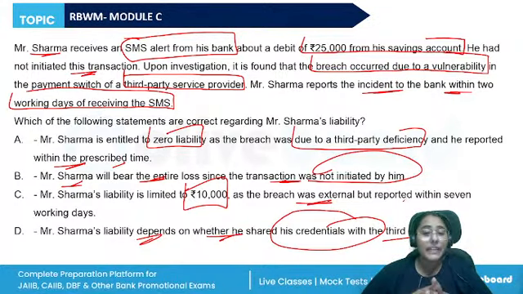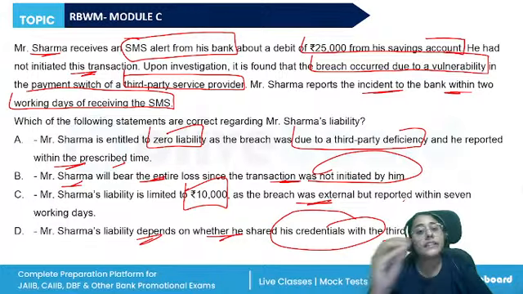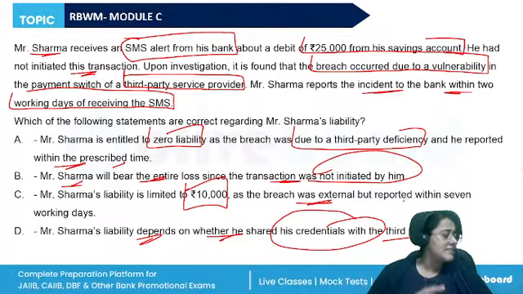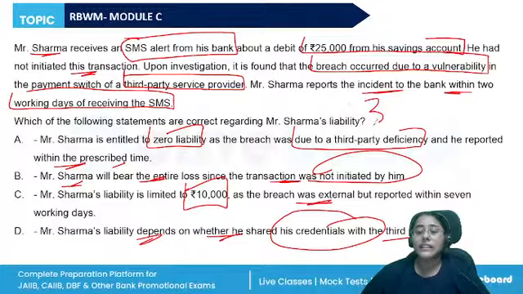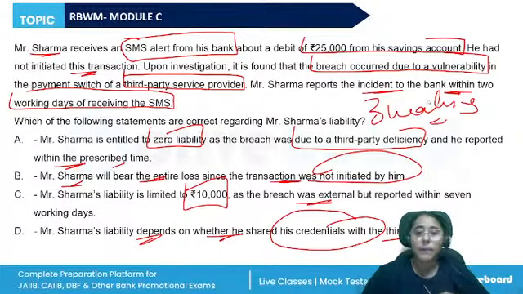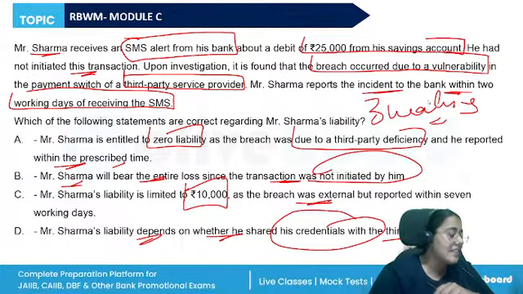Third party breach, where the deficiency lies neither with the bank nor with the customer, but elsewhere in the system, like in this case study, the payment switch provider, and the customer notifies the bank within 3 working days of receiving the communication about the unauthorized transaction.